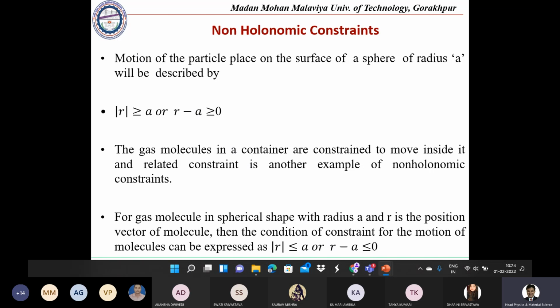In other words, they approach the boundary, impart the momentum, and come back.